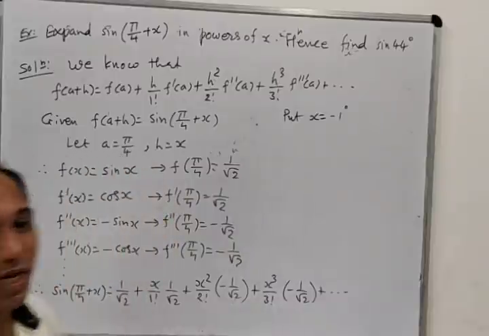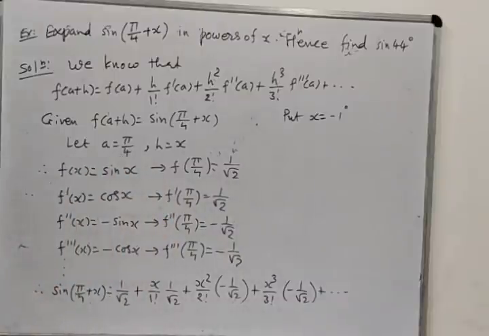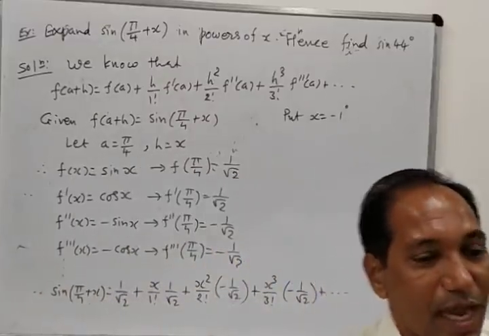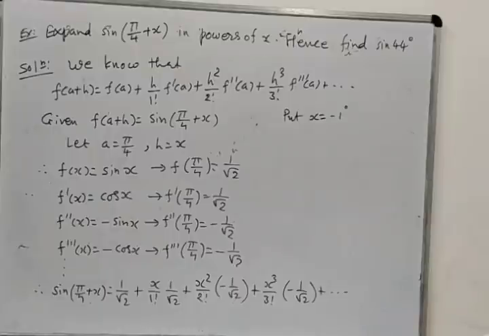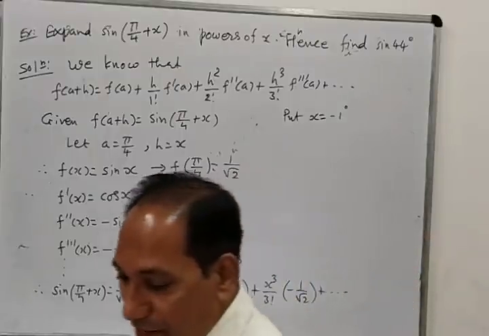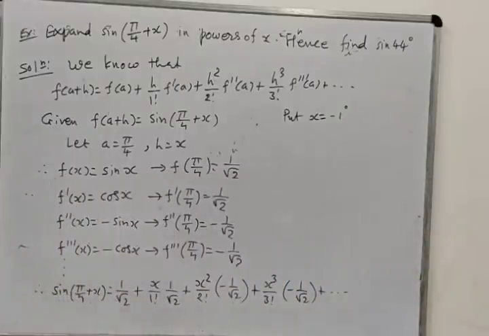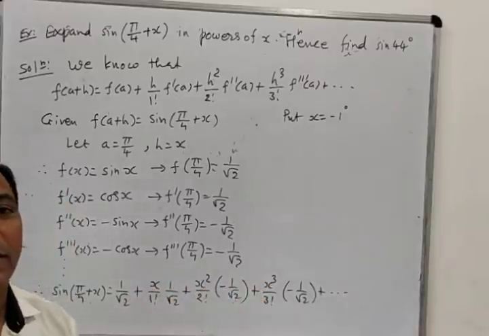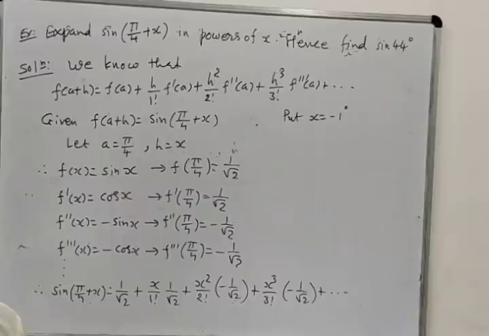But one thing you must remember very clearly: whenever we use the sine function, cos function or any trigonometric functions, and we want to find their values by using series, then the values of x are always considered in terms of radians, not in degrees. We can put the values in terms of radians only, not in degrees. So you must remember.